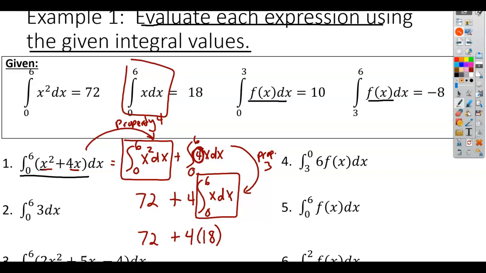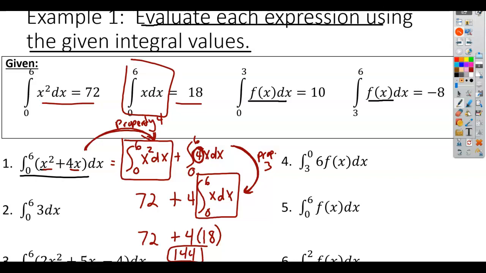I can do 4 times 18, and then add that to 72, and I'll get my final answer of 144. So that's what I want us to do today, is apply the properties. I used property 4 to split it, and then property 3 to take the constant multiplier out, and then we just replace each integral with what we already know it to equal up here and simplify it.